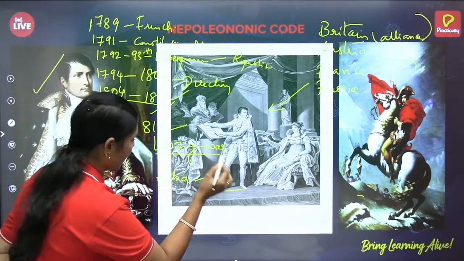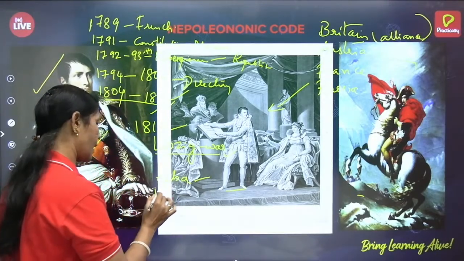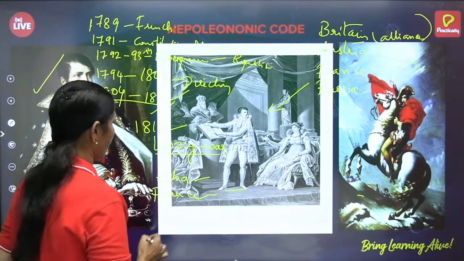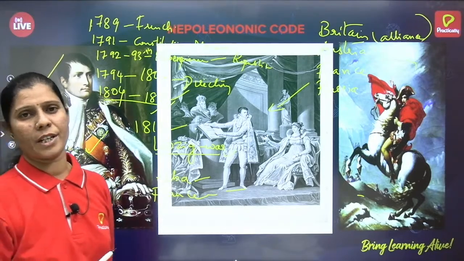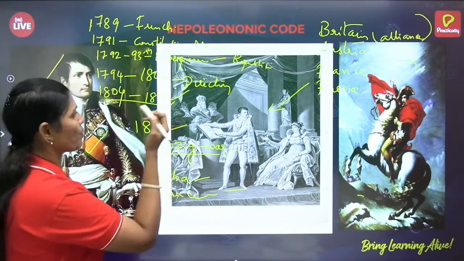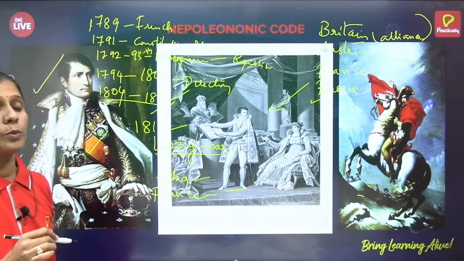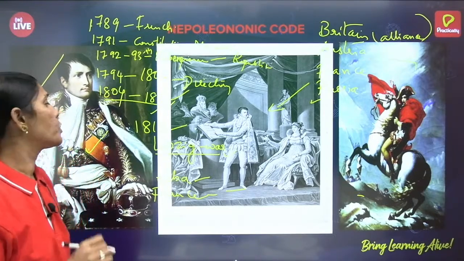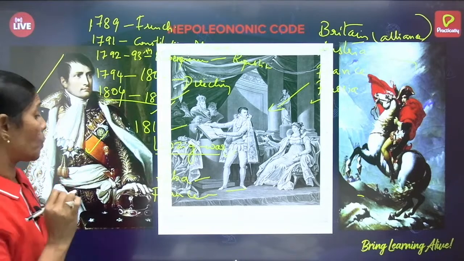From there he escaped and came back to France again, and he reformed his military. This news became known to the alliance again, so this time they strongly plotted to defeat Napoleon.